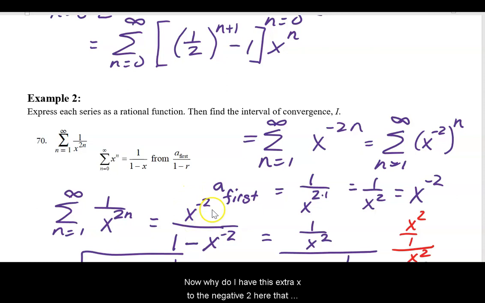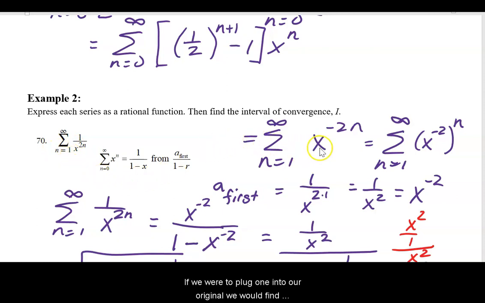Why do I have this extra x to the negative 2 here that does not appear in the formula here? The reason is we have to compare what a first is. In the formula, n starts at 0, which is why a first is 1. In our problem, n does not start at 0, n starts at the number 1.